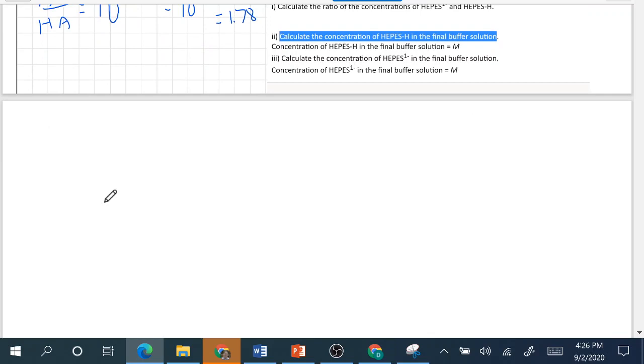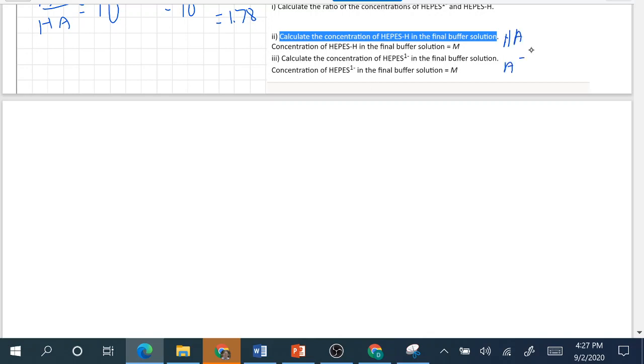The second part says calculate the concentration of HEPES H in the final buffer solution. We did that earlier, because if you go back to the original video, we did the calculation of the -1 of our A. So remember, the HEPES H is our HA, and the HEPES -1 is the A minus.